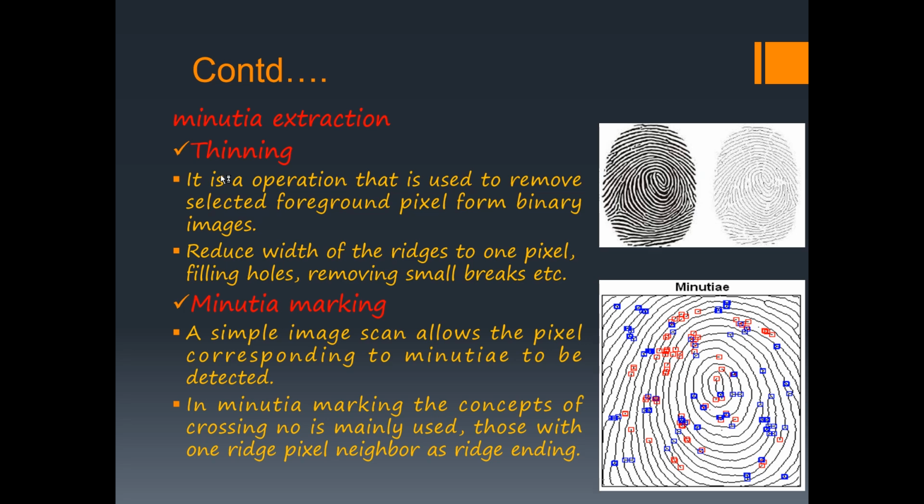In minutiae marking, the concept of crossing number is mainly used. Those with one ridge pixel neighbor are ridge endings.